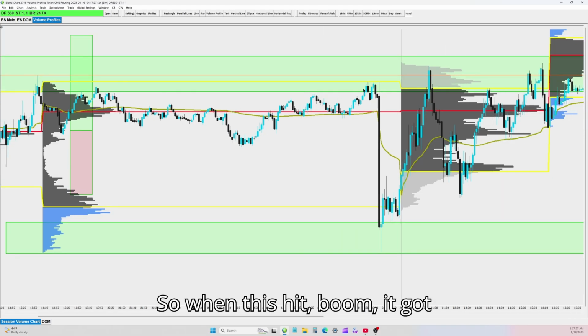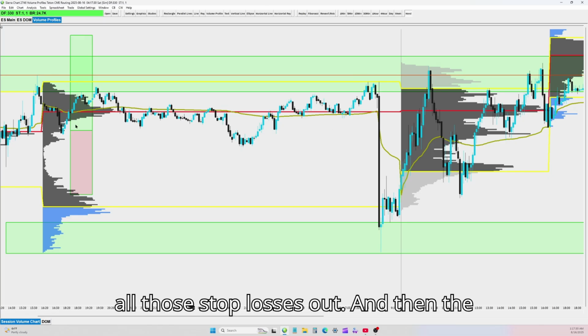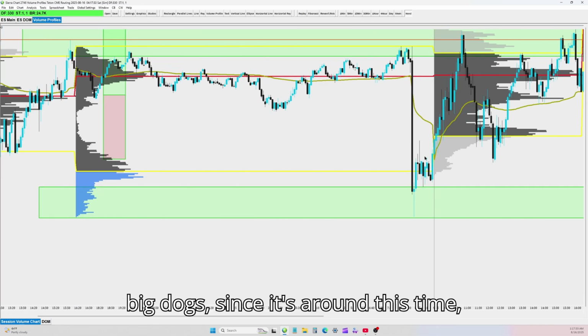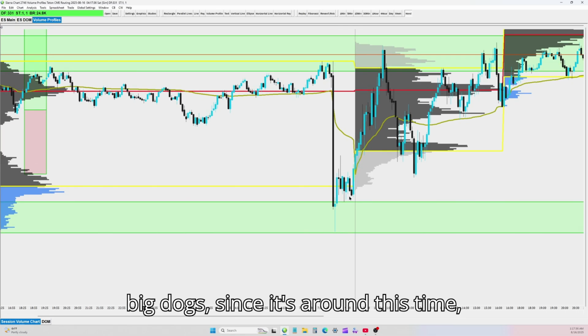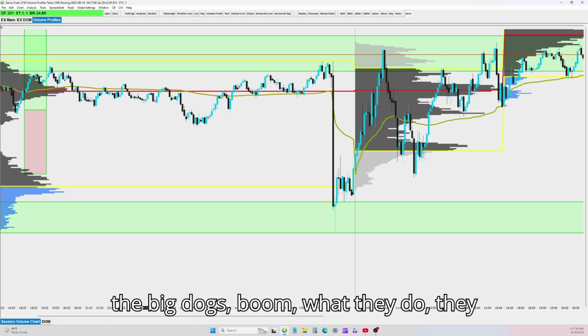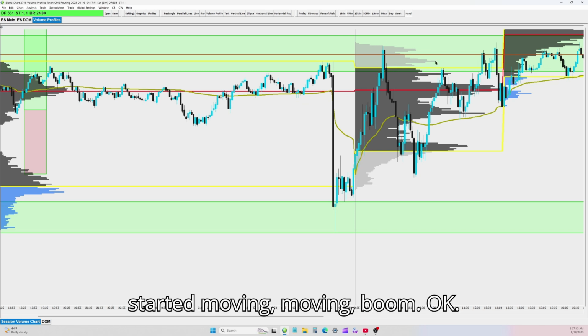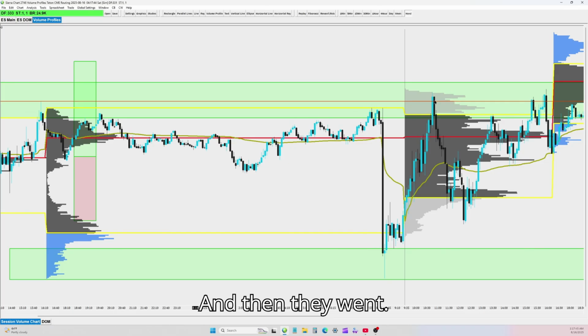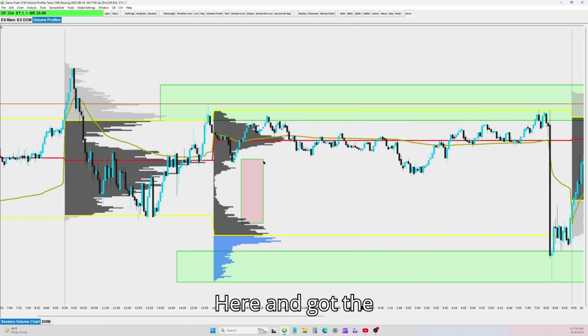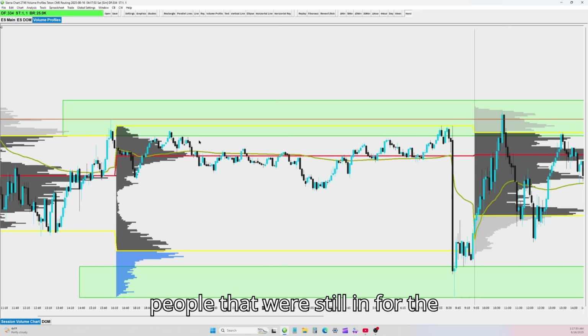So when this hit, boom, it got all those stop losses out. And then the big dogs, since it's around this time, boom, what do they do? They started moving, boom. And then they went here and got the people that were still in for the opposite.